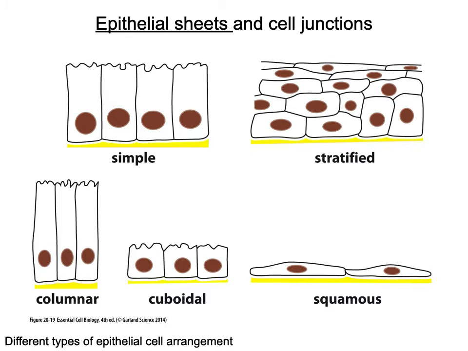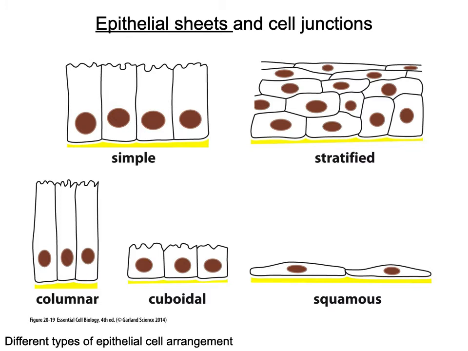Microvilli are those little hair-like projections created by actin, and you can see those on that drawing of the columnar cells. Those would be traditionally what we see in the gut. We can also have cuboidal, which are going to have more of a cube or square shape. And then squamous are squashed, so they're going to be flat, kind of like pancakes.